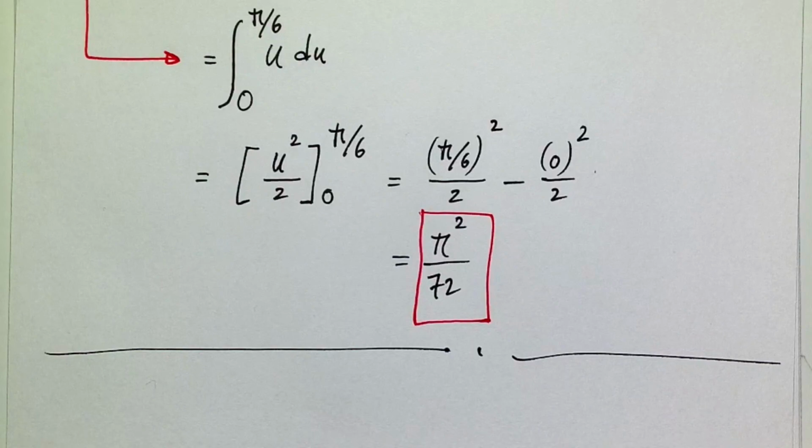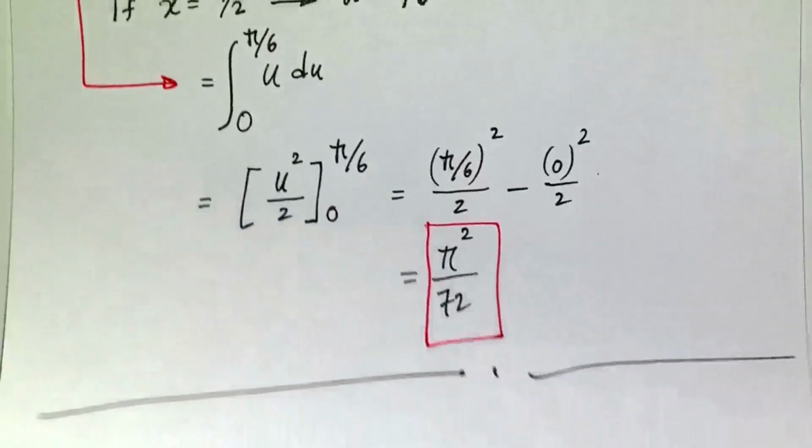So your book talks about the average value of some function using this method, and let's just give one example of that too.